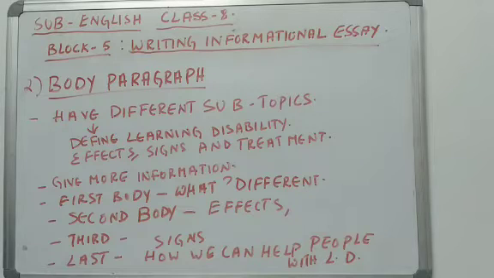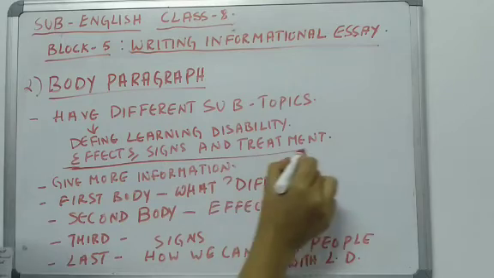Under the body paragraph, you have to write in different paragraphs, say 3 to 4 paragraphs. Continuing with the example of learning disability, we have different subtopics in this section. In these paragraphs, we have to define what a learning disability is, and cover their effects, their signs, and the treatment.